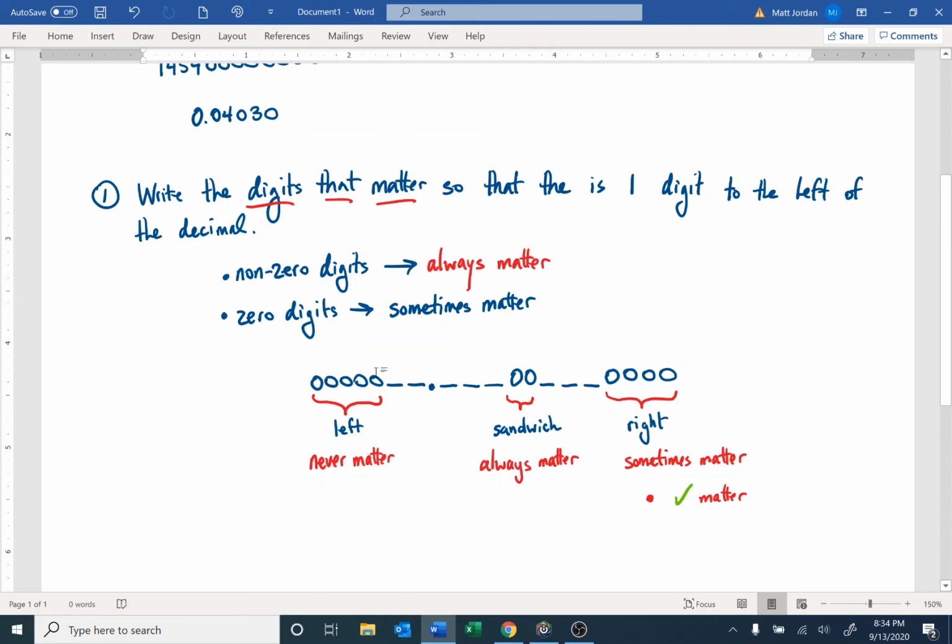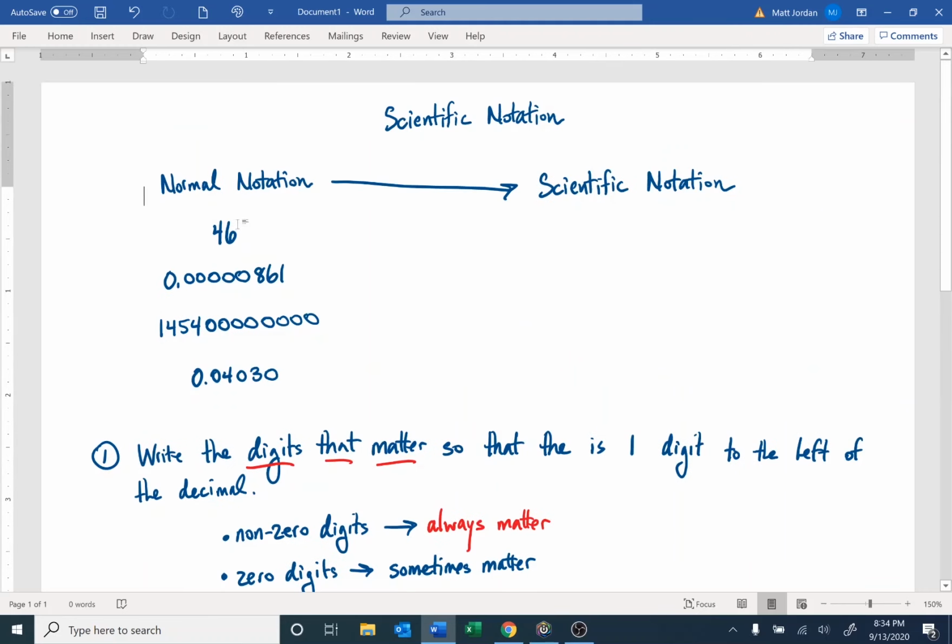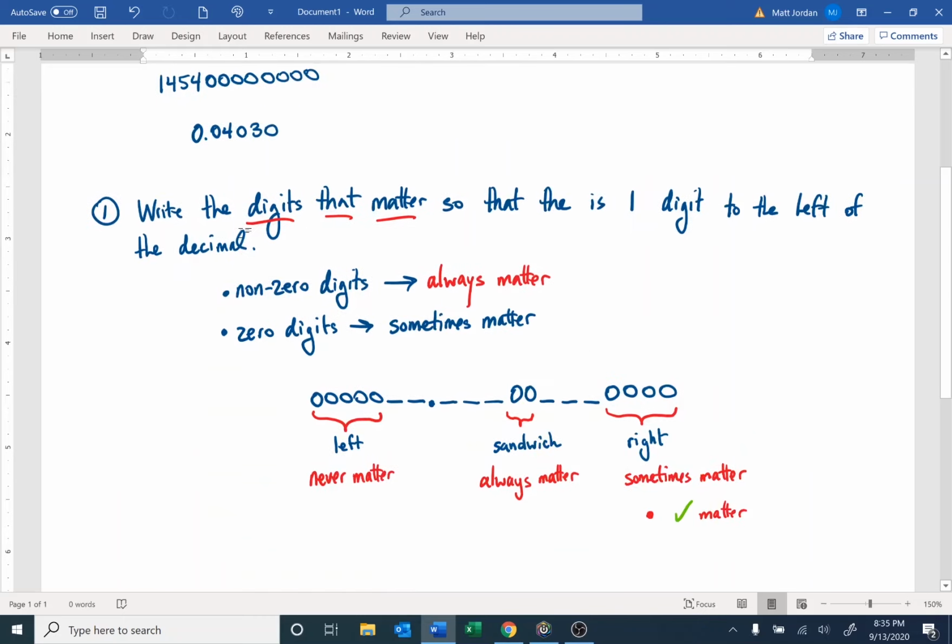However, in other examples, there may not be a decimal in the number. For example, if there was a 0 at the end of 460, but there is no decimal after the 0, that would be a right-hand 0 that does not have an expressly written decimal in the number, in which case that particular 0 would not matter.